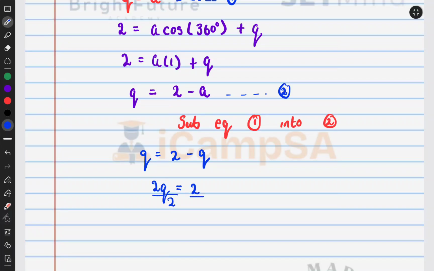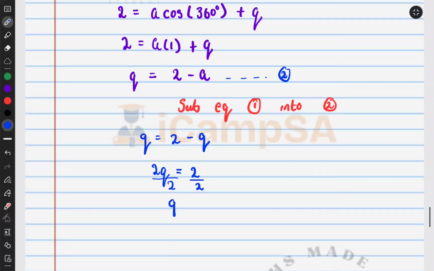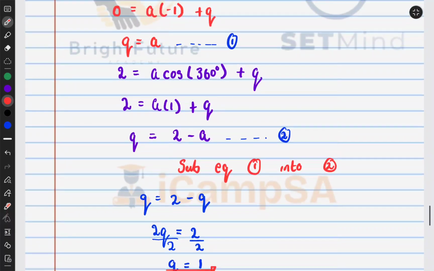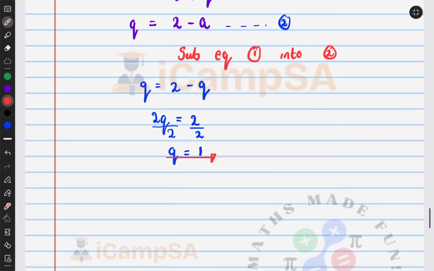We divide by 2 on both sides. q is equal to 2 divided by 2, which is 1. But q is equal to a, so that means a is also equal to 1. And just like that, we have solved for a and q.